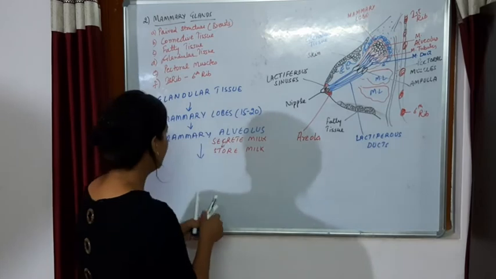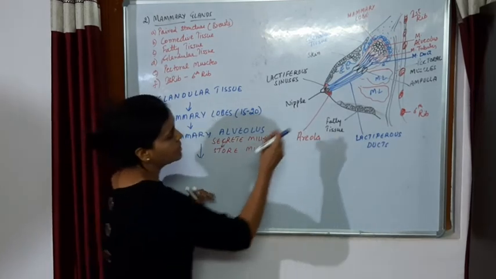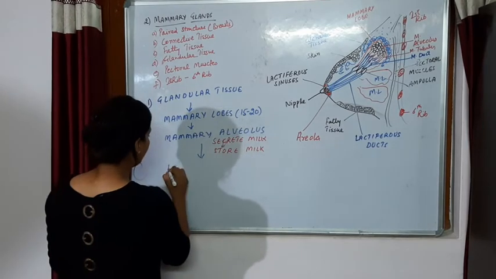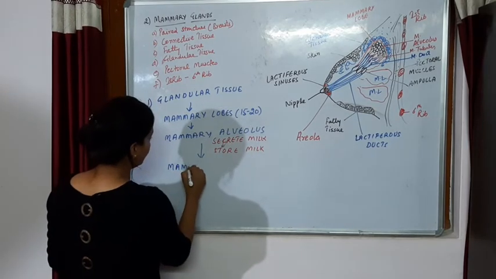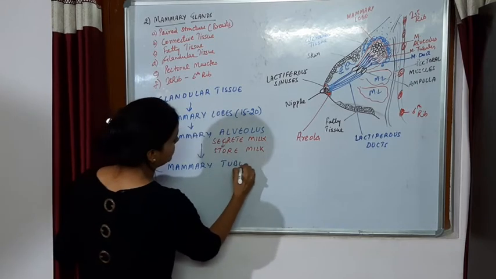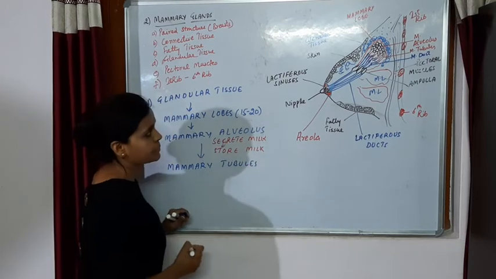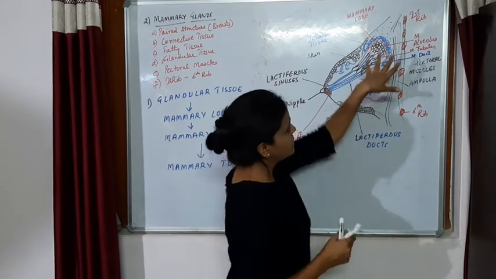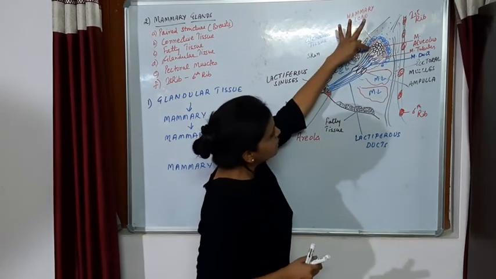In the cavity. Now after the mammary alveolus, the alveolus is going to open into a tube-like structure that is called the mammary tubules, right? So these red colored lines, it is not possible to draw all, but I have drawn these.